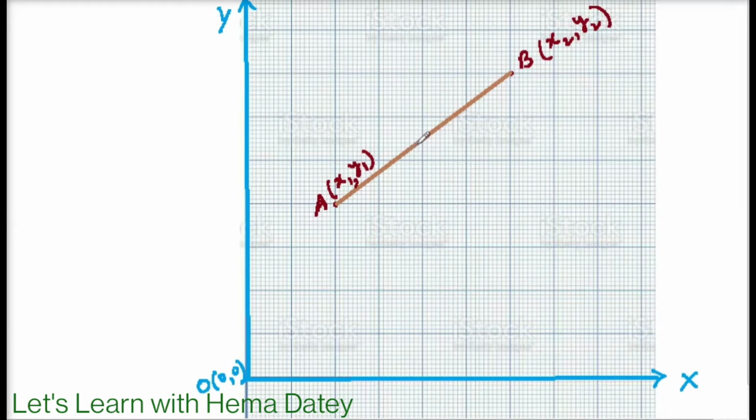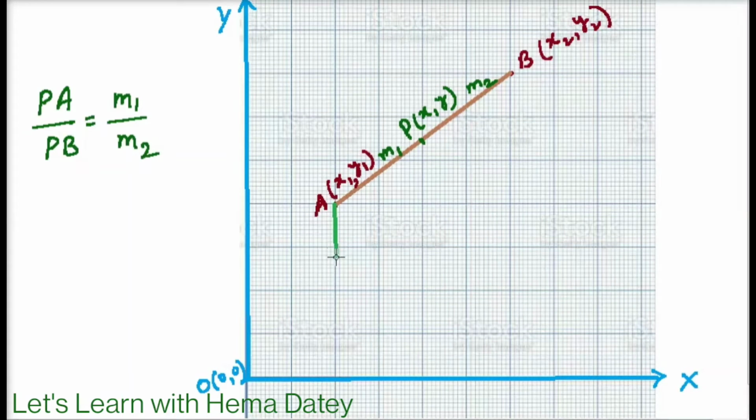Let's take a point P somewhere in the middle of AB and the coordinates of P are x, y. This point P is dividing the line segment AB in the ratio m1 ratio m2. It means PA upon PB equals to m1 upon m2.